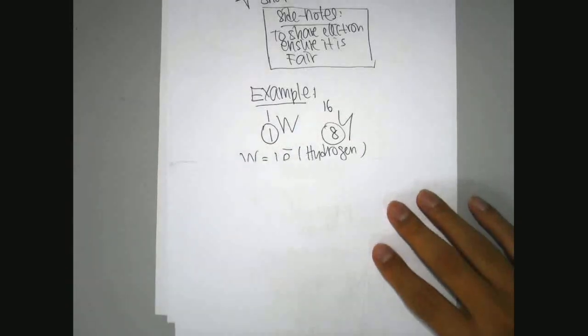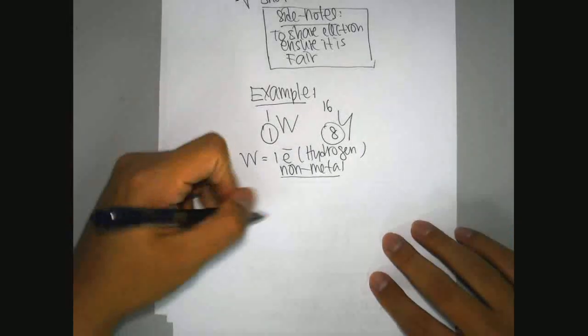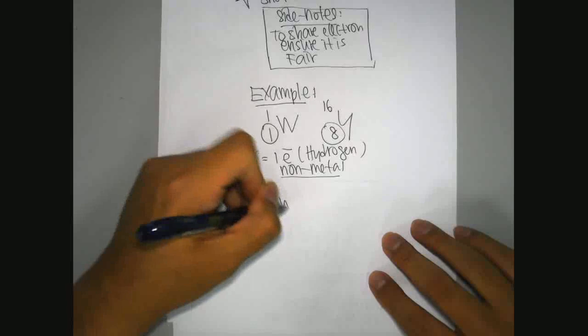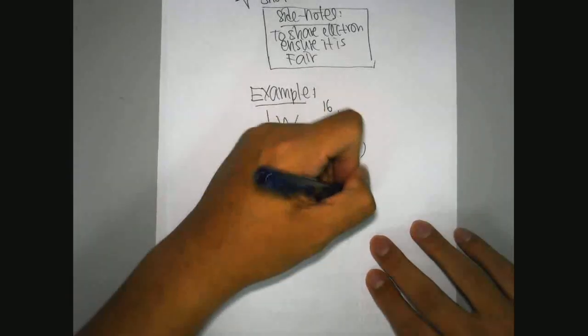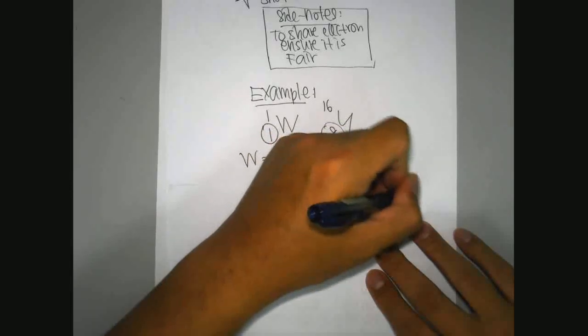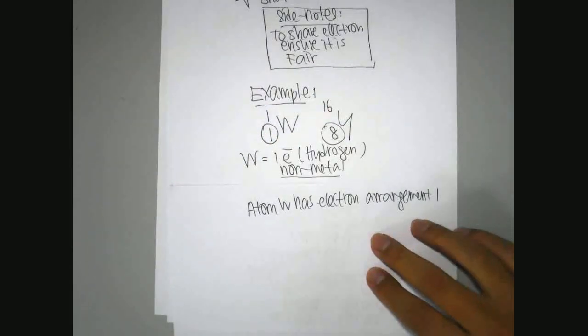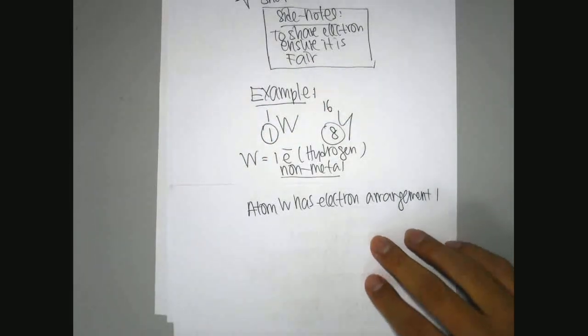So let's do it. W has electron arrangement 1. Atom W has electron arrangement 1.